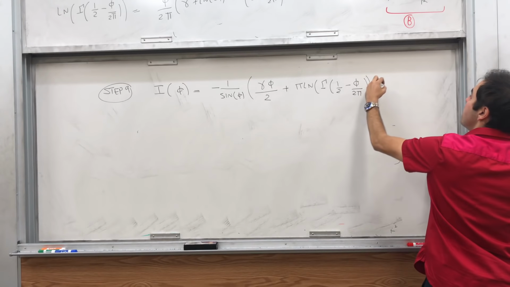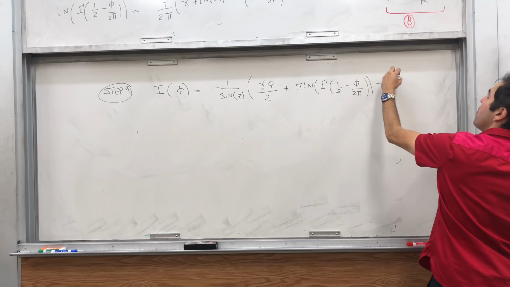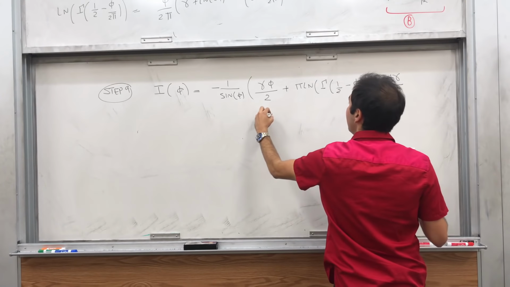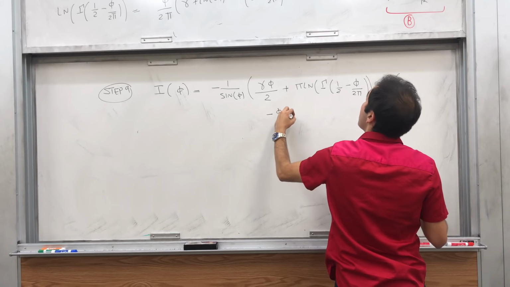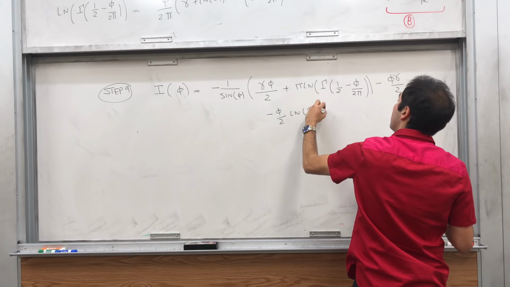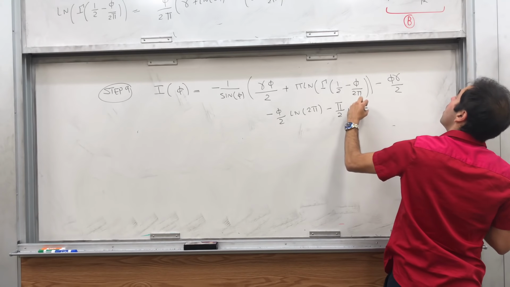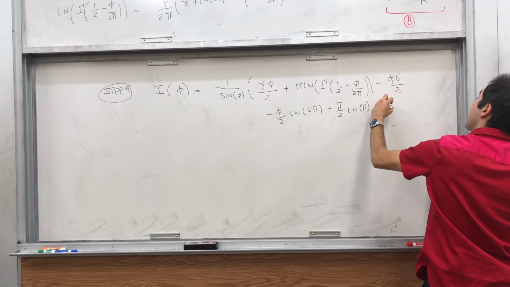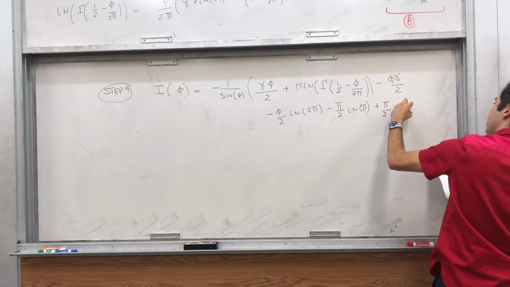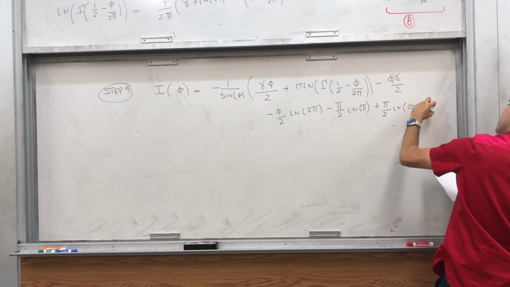Then minus phi gamma over 2 minus phi over 2 ln of 2 pi minus pi over 2 ln of pi, and then plus pi over 2 ln of cosine of phi over 2.